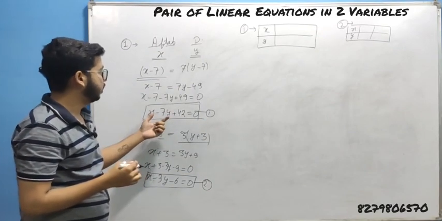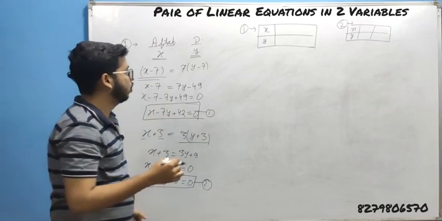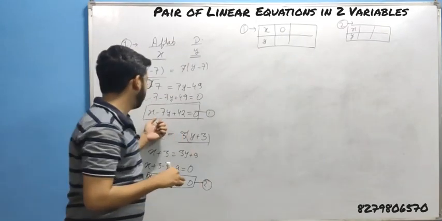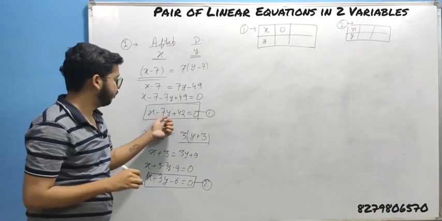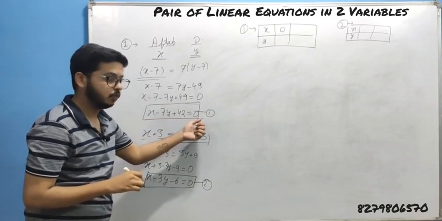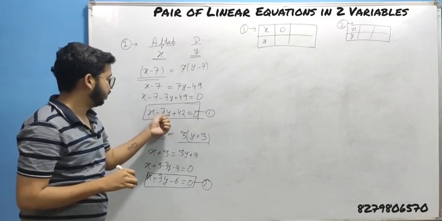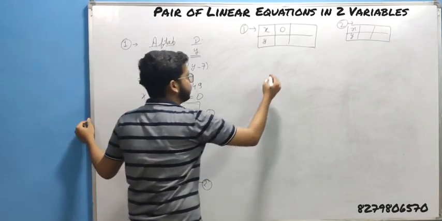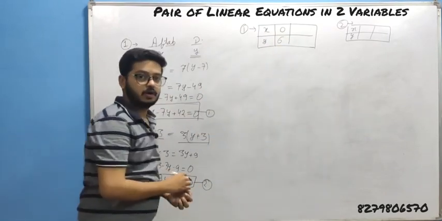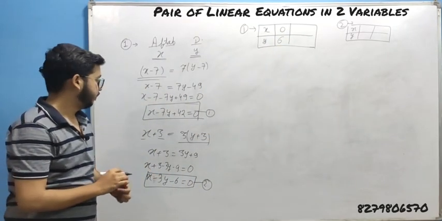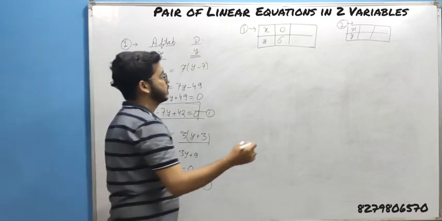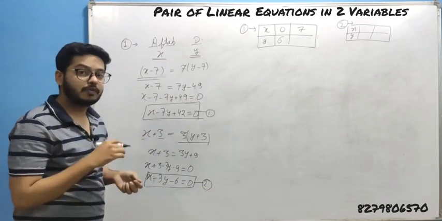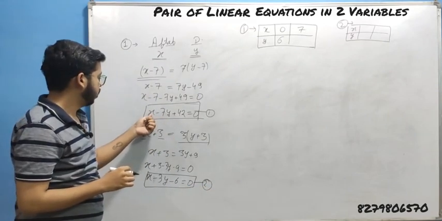If we put the value of x as 0, what will be the value of y? Let's calculate. If x is equal to 0, then minus 7y is equal to minus 42, so y will be minus 42 upon minus 7, that is 6. Now we put the value of x as 7.